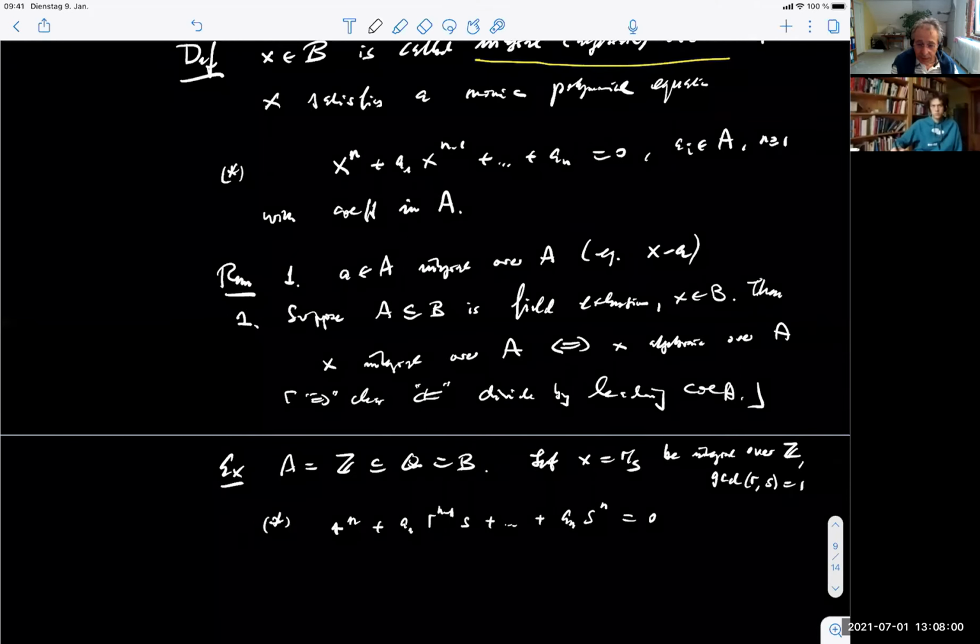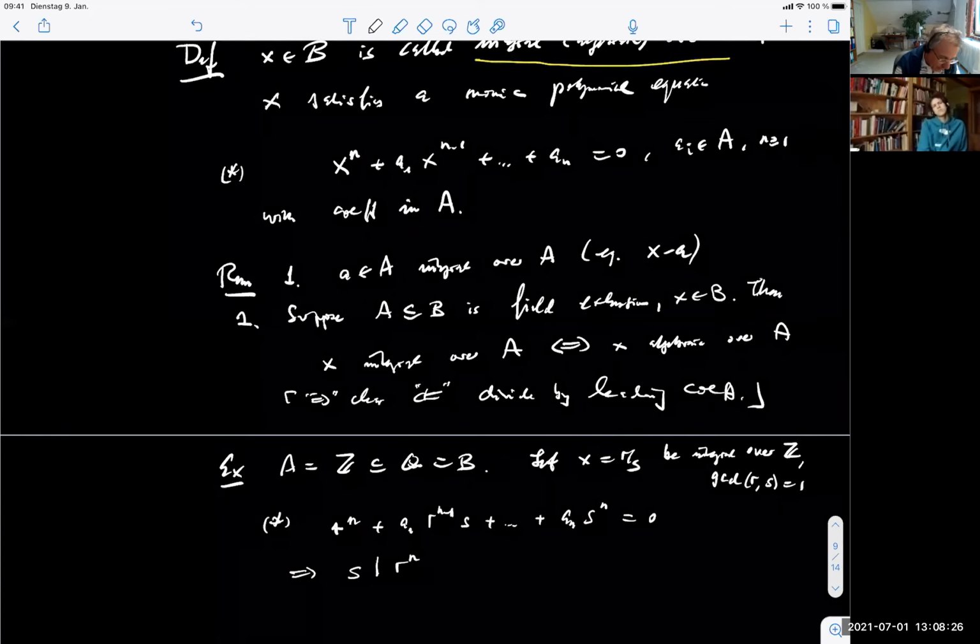Good. Now you see the s. s appears as a summand in all the terms except here. So what I have here is a multiple of s. So I see s divides r to the n.